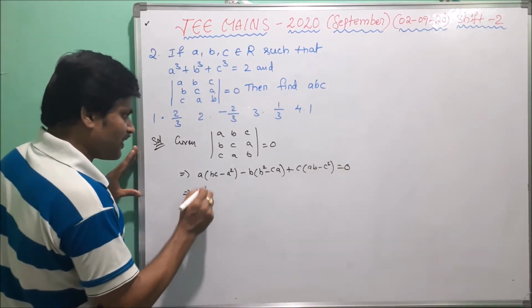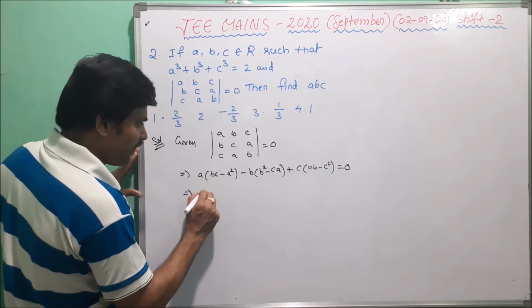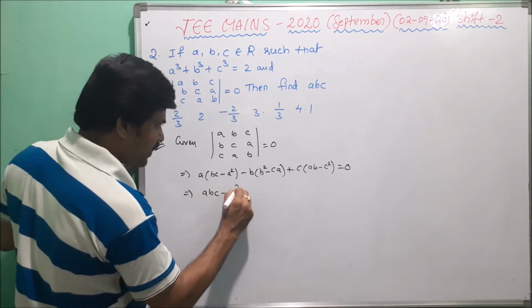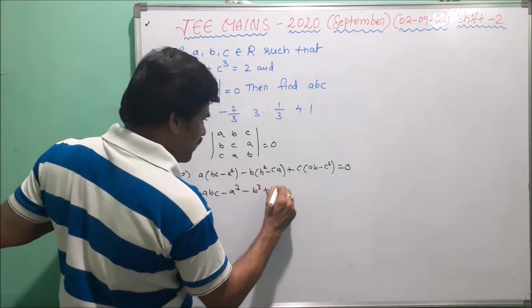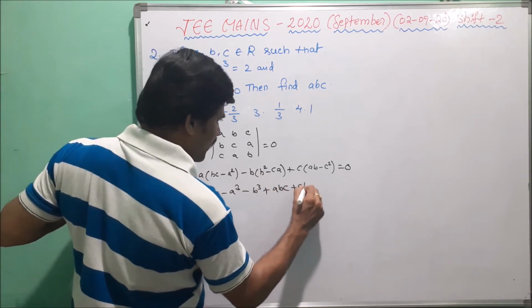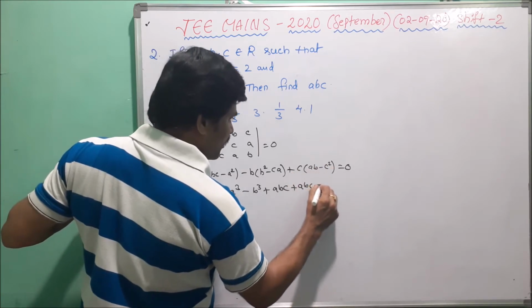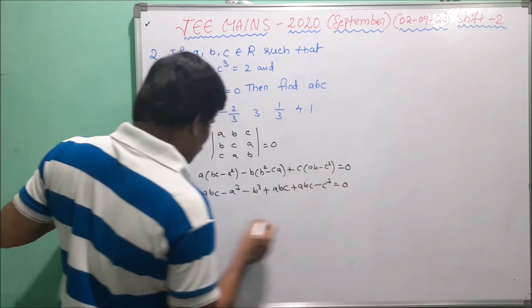Here it can be simplified: a into bc, abc minus a³, minus b into b², b³ plus abc, plus abc, c into minus c², that is c³, equals 0.